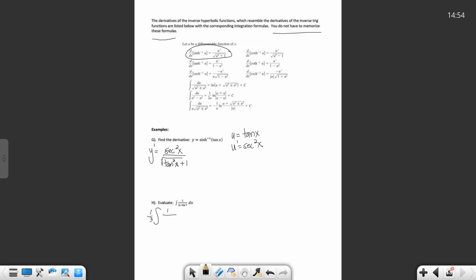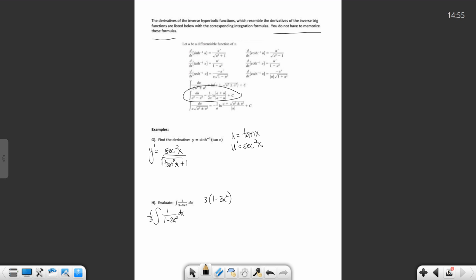So if you think about factoring out a 3 on the bottom, you would get 1 minus 3x squared. So they factored out that 1/3 and did this. Then you want to say, all right, well, which formula would this one match up with? As far as the integrals go, it's going to be this one.